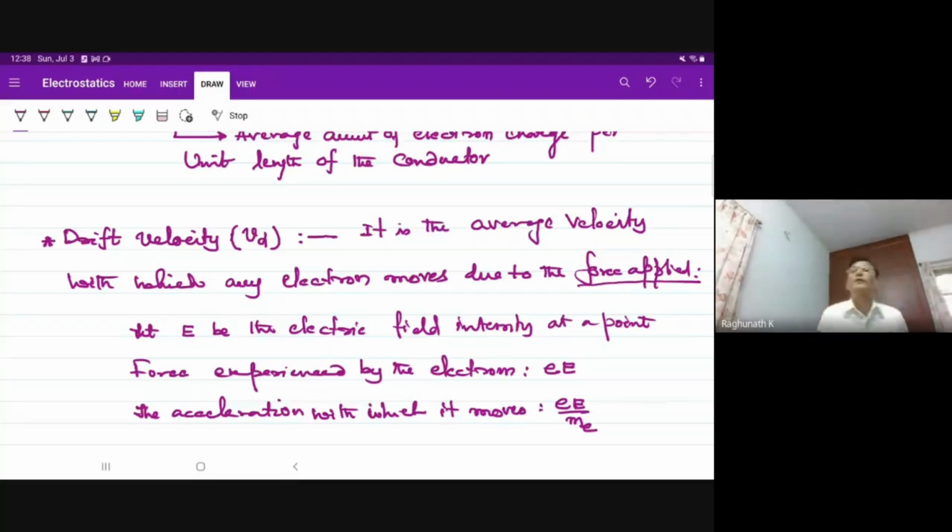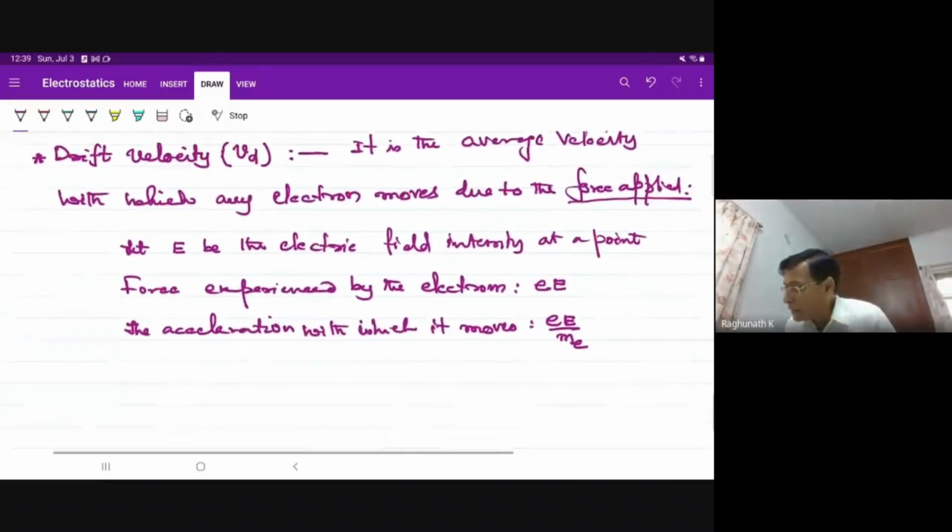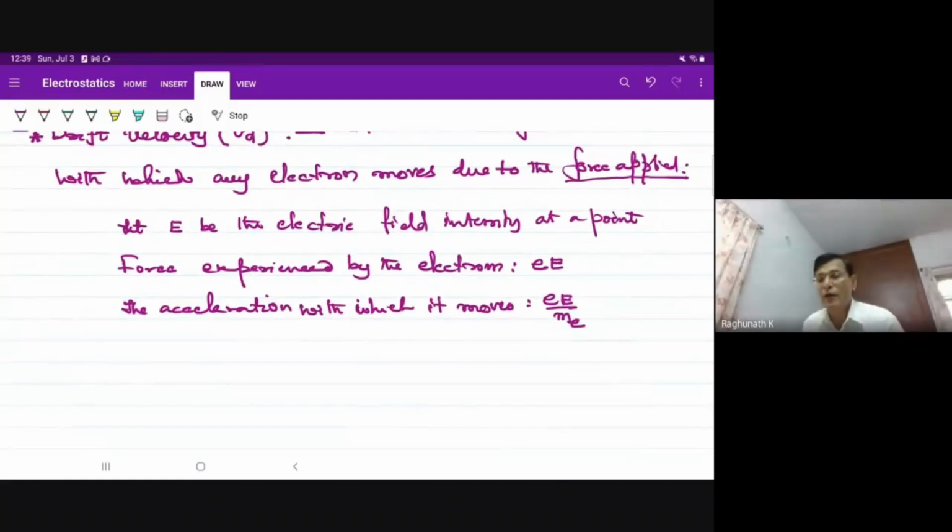This is the point of interest for us, and complete understanding of it is really required. If the electron were to be moving in free space, it indeed moves with this acceleration, which says it moves with continuously increasing velocity.